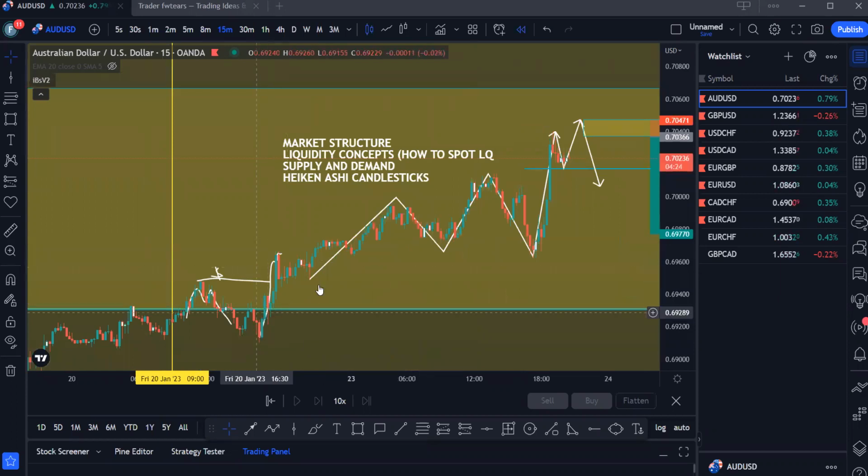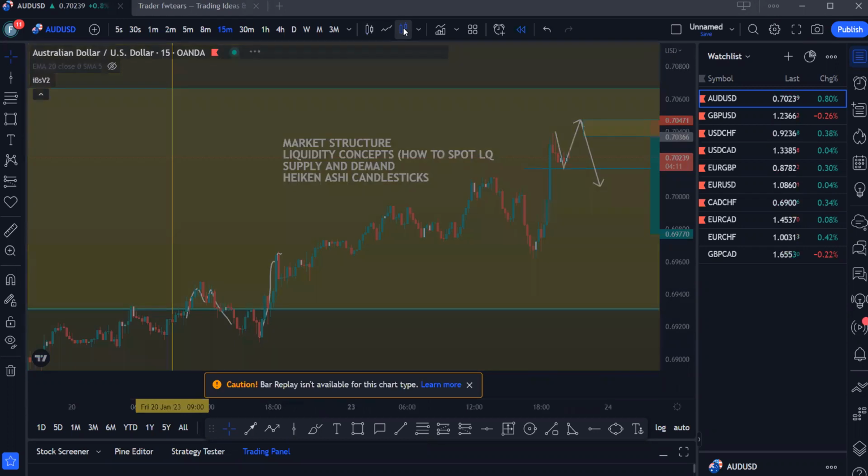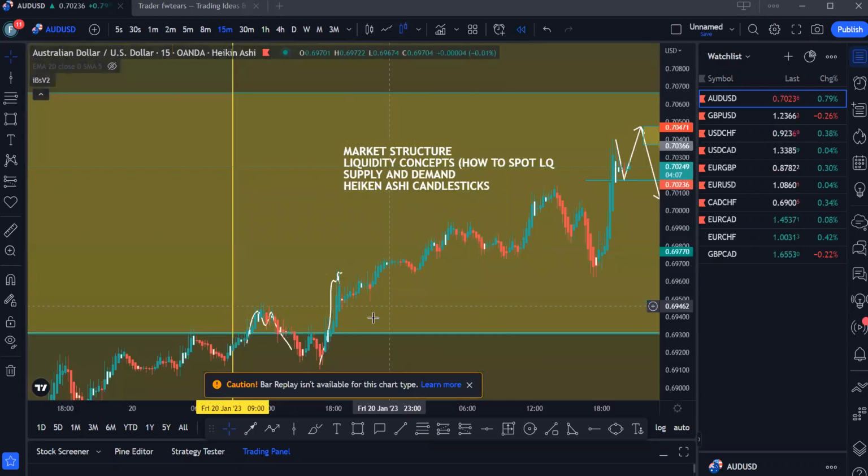But look at what's going on here. Let me delete this. Look at the candlesticks, what is giving you, and then compare with Heikin-Ashi. So this is Heikin-Ashi. I'll change to Heikin-Ashi. You can see that it's changed. Heikin-Ashi makes the trend clear.